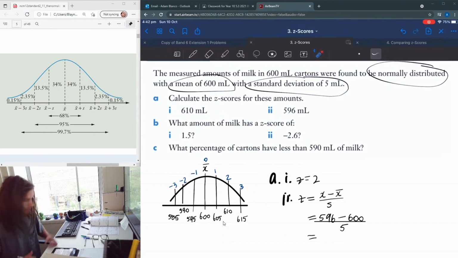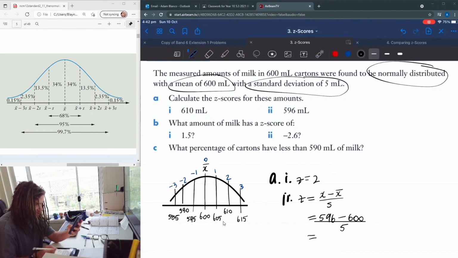Now if I put this in the calculator, where's my calculator? There it is. 596 minus 600 divided by 5. I must have typed that in wrong because I got exactly -1. 596 minus 600 divided by 5. There we go. Okay. Wow, I feel really stupid, because that's obviously just -4 over 5, which is what my calculator's produced.